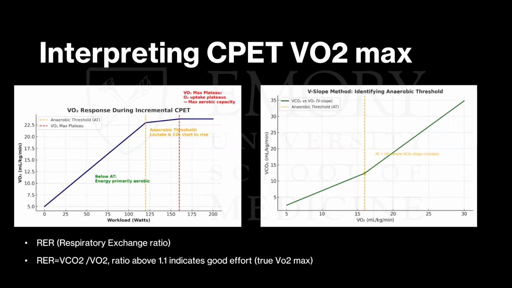As they produce more CO2 in the anaerobic zone, your body naturally is going to breathe faster to get it off. So that's why when you're running, you start to breathe a lot faster as you get more and more intense in the run. And that's just your body naturally trying to get rid of the CO2. But when you go into this high slope region, this is more indicative of some type of ventilatory inefficiency.